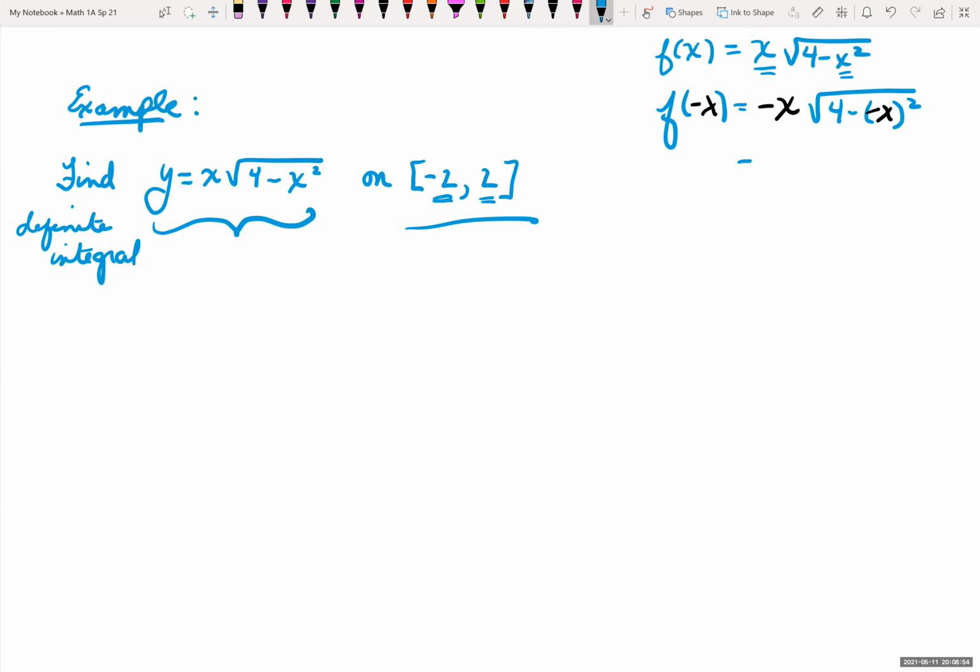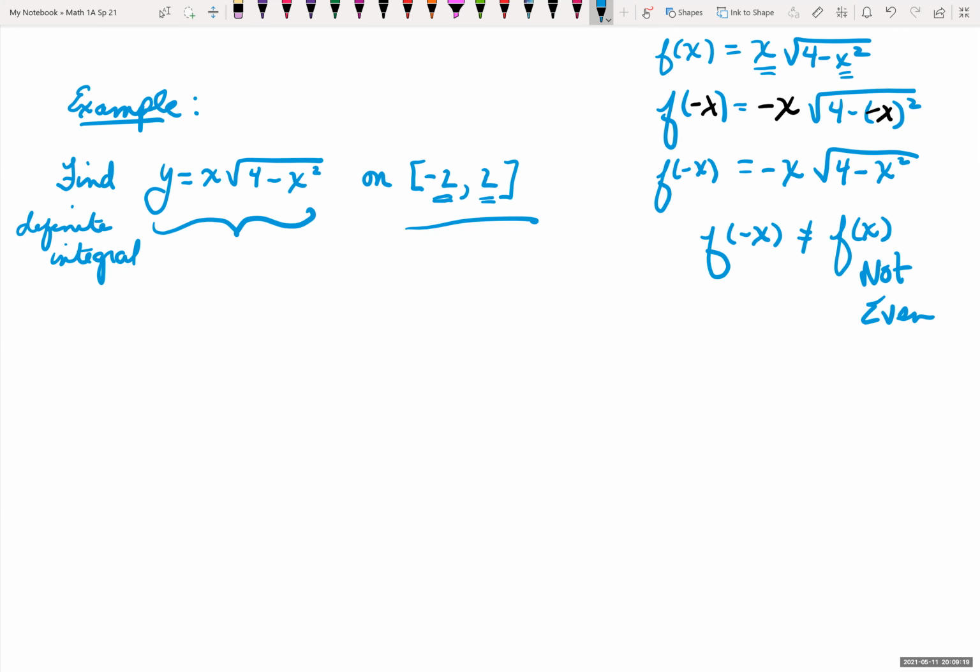And so this is the same thing as -x square root of 4 minus, well, (-x) quantity squared is +x squared. That's not the same as our original. So it's not even.